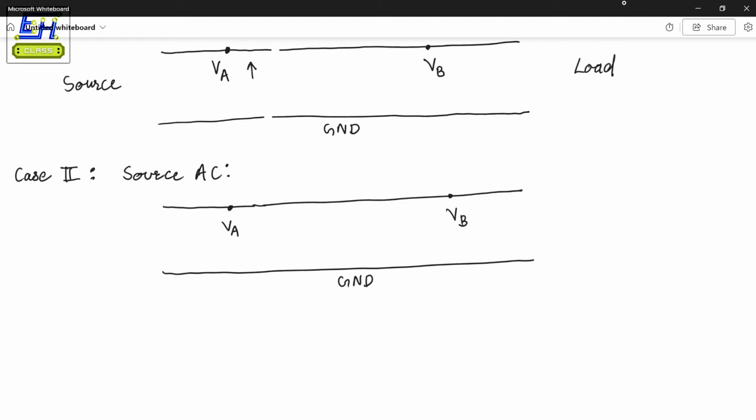So similarly, in this case, if you measure VA RMS and VB RMS on both the ends, we will see that if VA remains higher than VB, then again we can say that the AC source is closer to the A terminal and the load is the other.